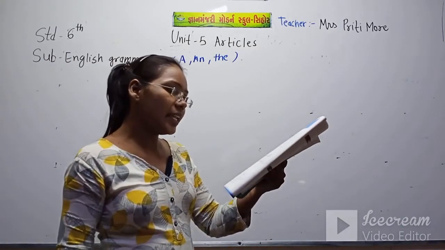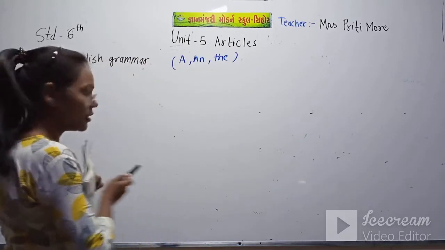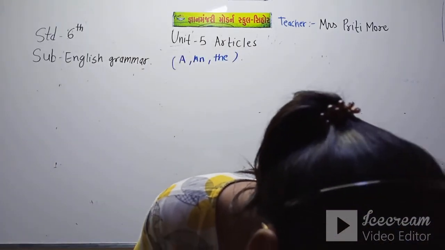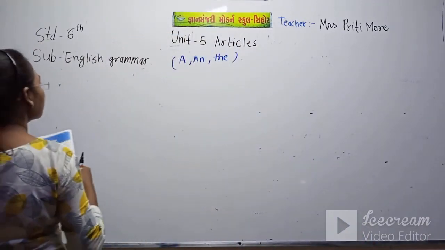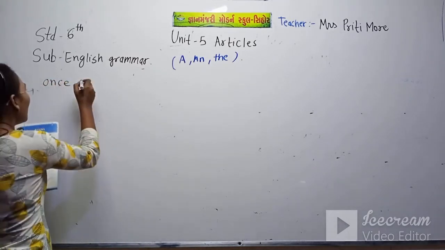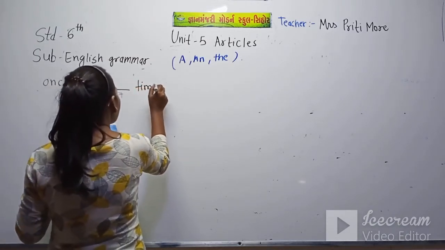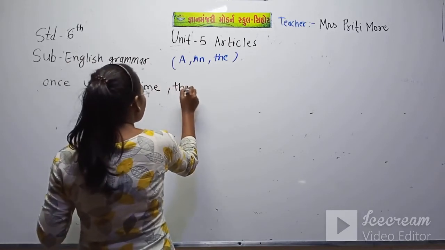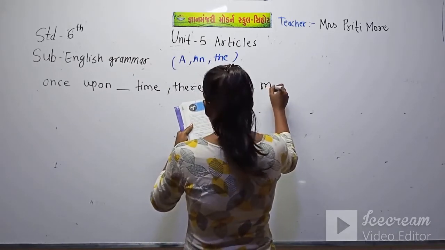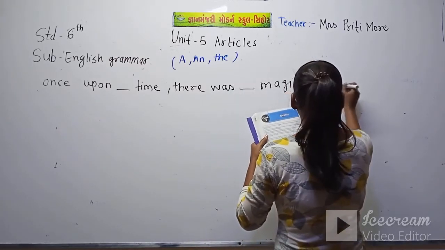Now fill in the blanks with a, an, or the, and complete the paragraph. The first sentence is: Once upon blank space time there was blank space magician in Egypt.